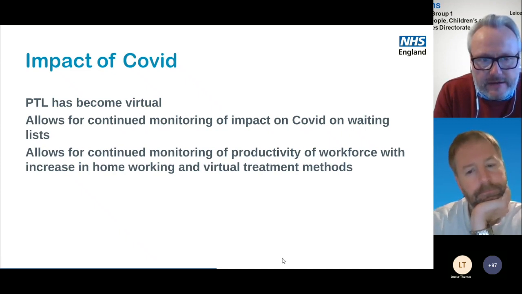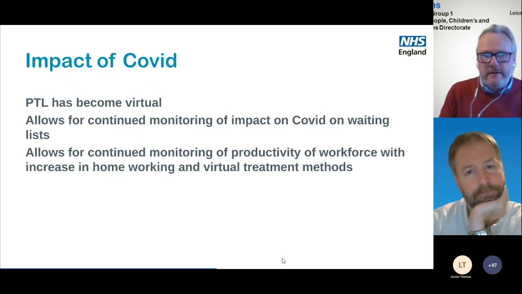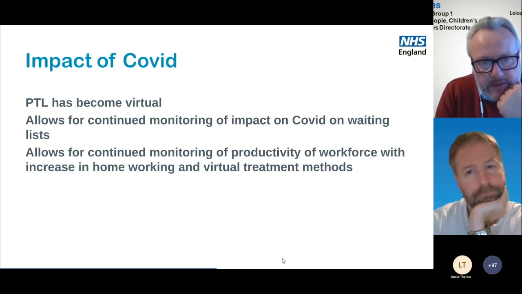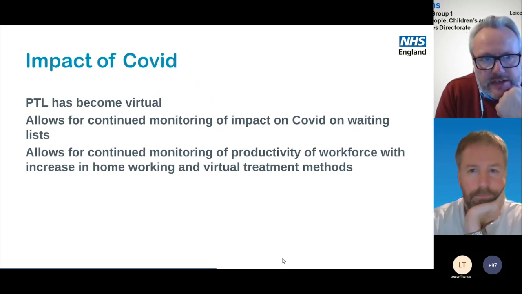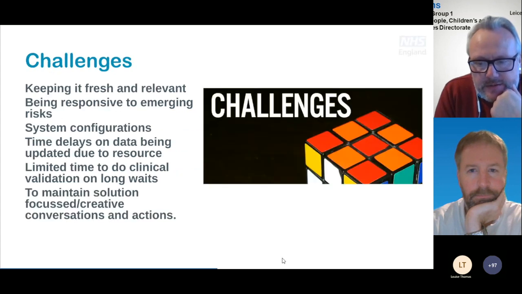And then lastly, it's allowed us to monitor our productivity with the blended model approach, because obviously with people working more disparately, it just gives us clarity on what's happening with people's job plans and their ledgers. So it's very transparent. Next slide, please.